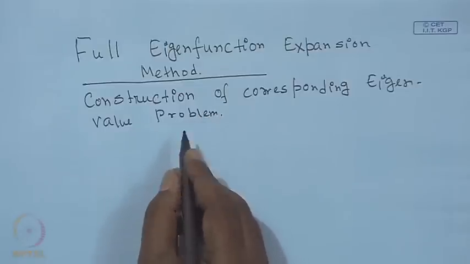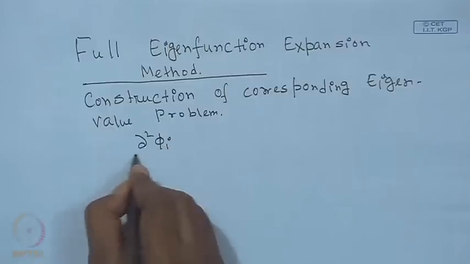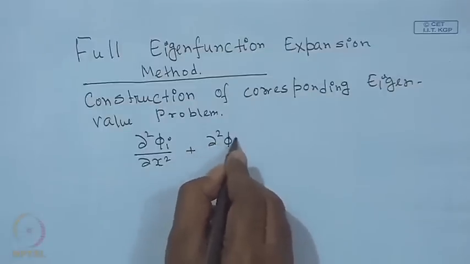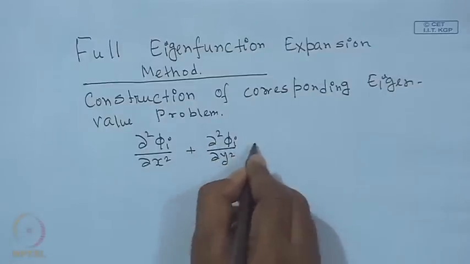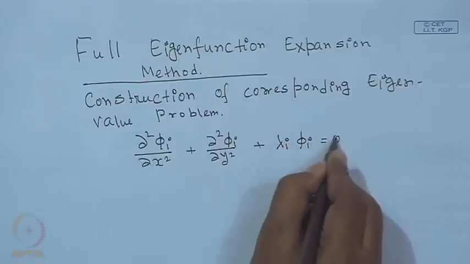The corresponding eigenvalue problem will be nothing but del square phi i by del x square plus del square phi i by del y square plus lambda i phi i is equal to 0.